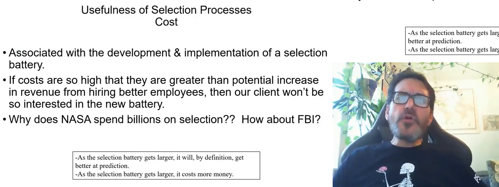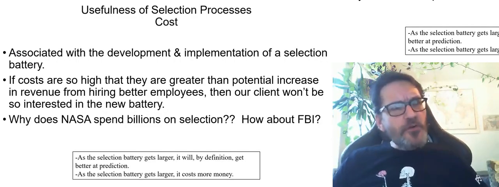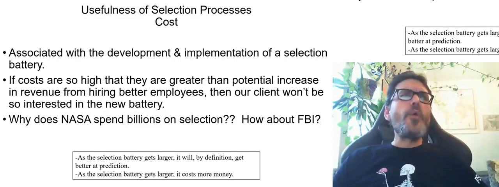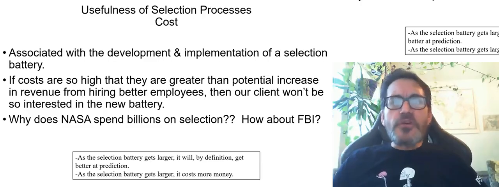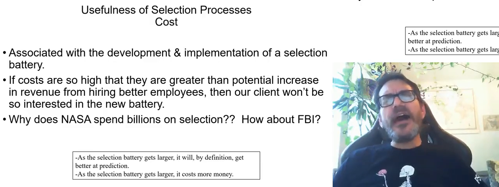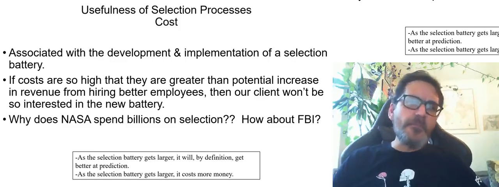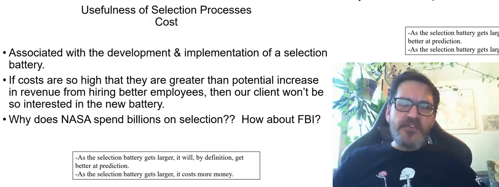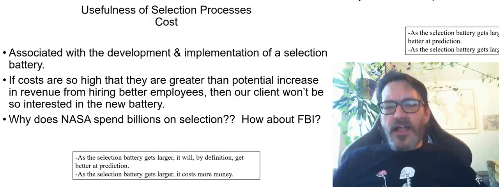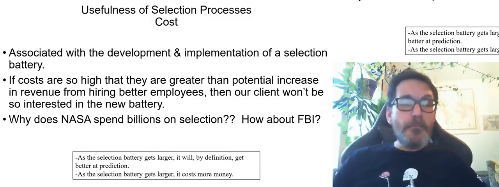But also costs. And this is a real consideration that we addressed earlier when we talked about the multiple hurdles approach. If you remember when we were making a selection for a cardiac surgeon, first we lined up the tests inside of our selection battery from least expensive to most expensive. And we started on the least expensive side, medical school GPA.